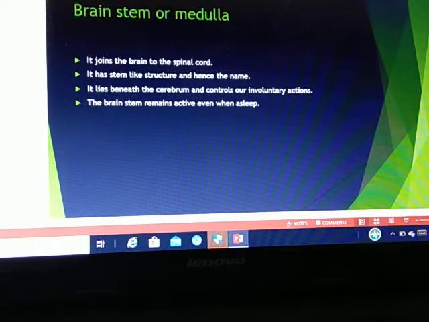Then it is the cerebrum. Involuntary actions are controlled by which part? Then it is the brainstem or medulla. Involuntary actions are actions that we do not take knowingly. It is not up to us that we are doing that action.